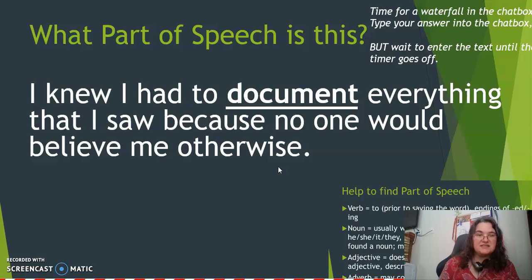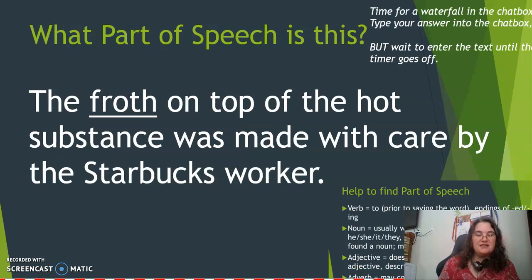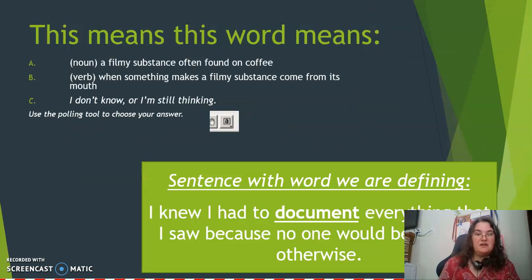Let me go back and see. Is it a something? The froth on top of the hot substance. It is a something, so it's a noun. Looking at the definitions here, noun means a filmy substance often found on coffee. Bam, done. I know the definition.